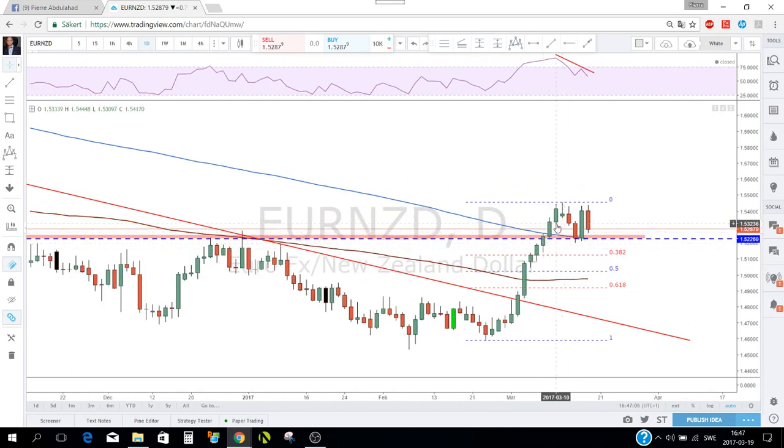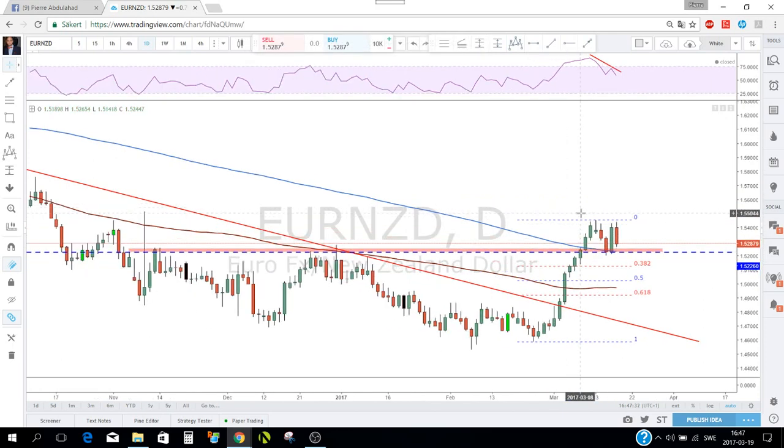And we did close above it, we traded above it to the upside for 3 days. Then we had this retest to both this broken structure and the 200 daily moving average. It did a retest and it gave us a bounce up, and Friday we got this inside bar.